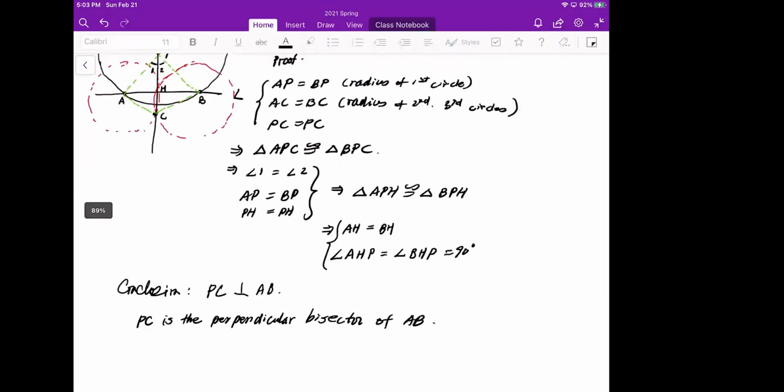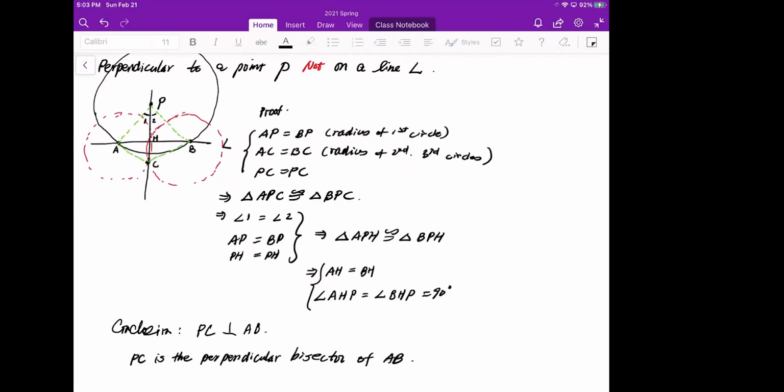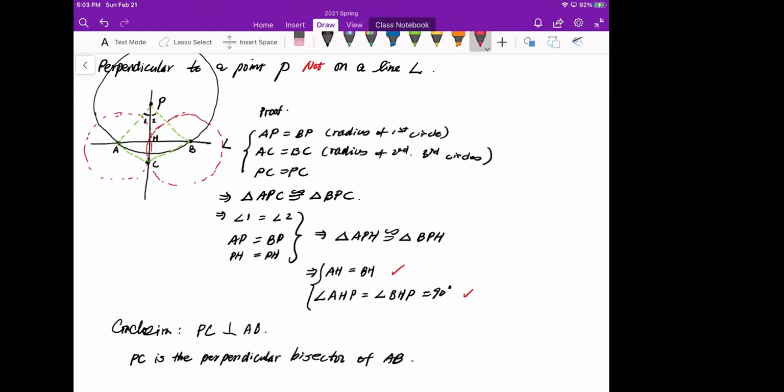Why is it a perpendicular bisector? Just because we have this, right? That means H is the midpoint of AB. And secondly, this is a perpendicular line. So PC is a perpendicular bisector of AB. And that's actually stronger than what we want.